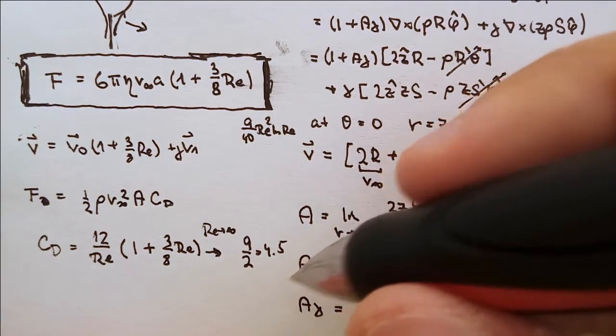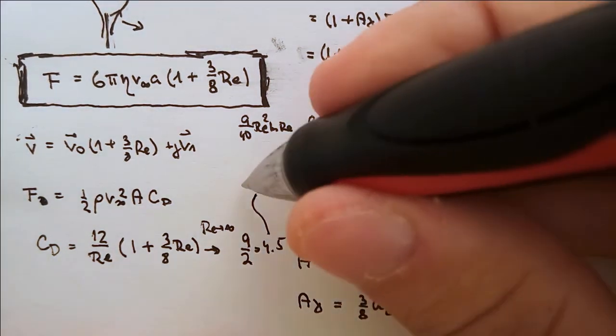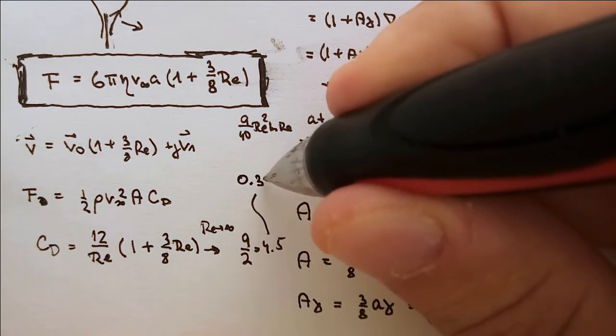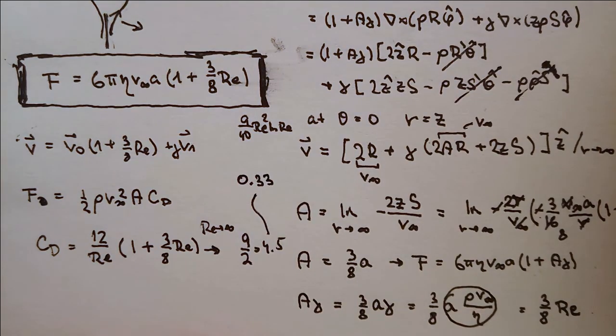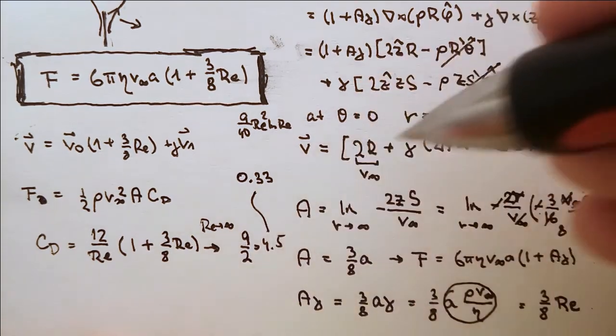This is a very bad result, because as you know, maybe the drag coefficient of the sphere is actually not 4.5, it is 0.33. So this is quite a difference, I should mention.